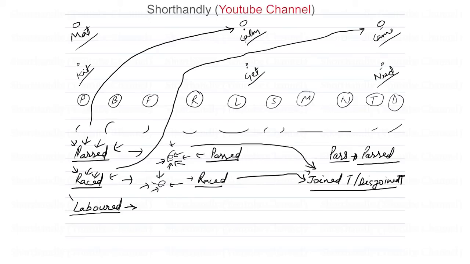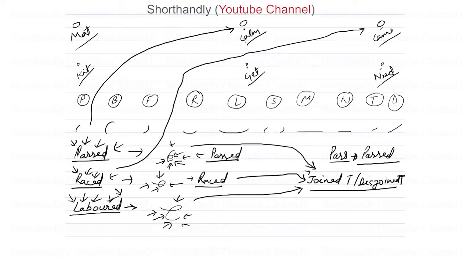First we have L, then the A vowel, then B, then R, then the final D. Now if we closely notice, first we have this L, then the A circle, then this large curve, which is B, then this short curve, which is R. Now we also have this T here, but it is not easy to recognize where we have this T, because we used the joined T here.